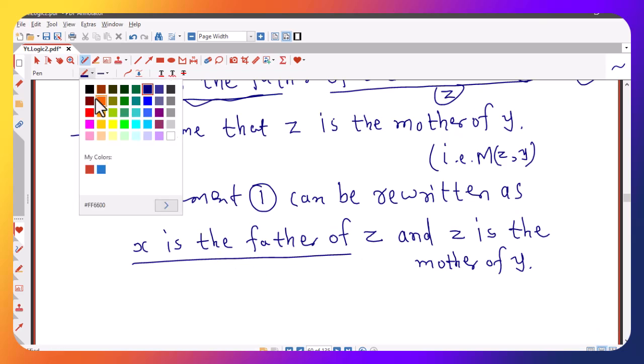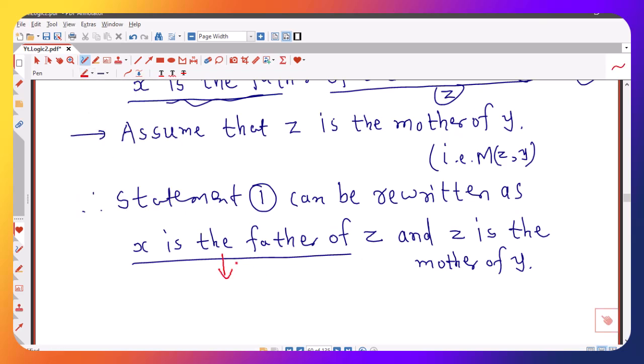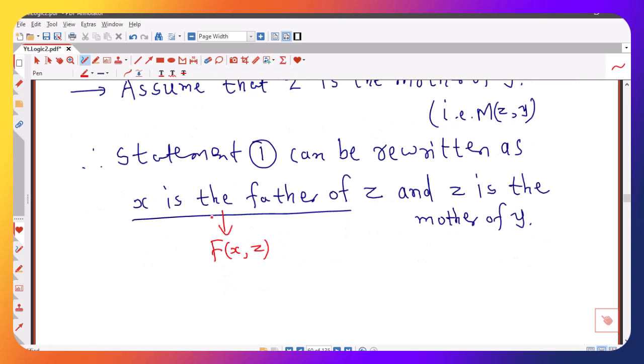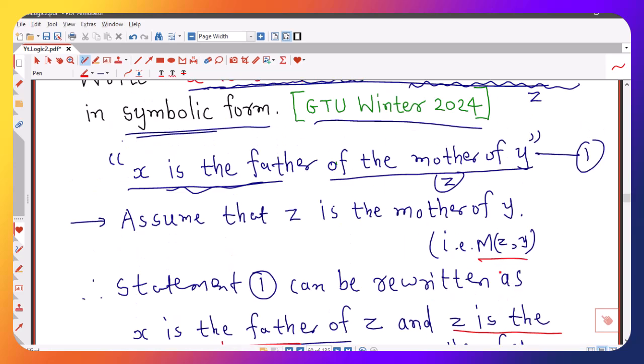Now this we can rewrite as F(x,z), because we are given that F(x,y) denotes that x is the father of y. So if I replace y by z here, I will have x is the father of z. So this is F(x,z). z is the mother of y is nothing but M(z,y), and we assume that the person z exists.